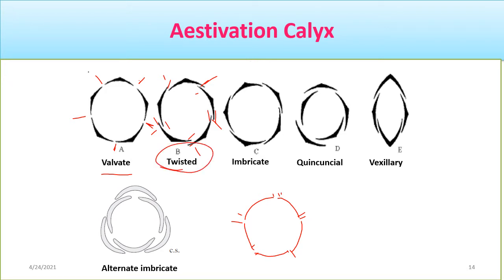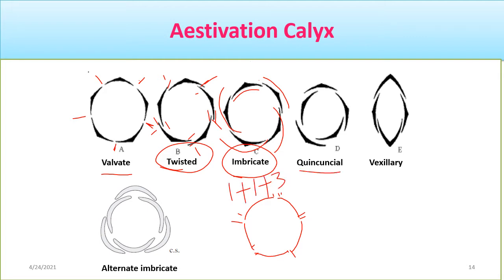In imbricate type of estivation, you can see this is completely out, then this is completely in, and this is alternating, this is alternating, and this is alternating. This is called imbricate. So one in, one out, and the remaining three are alternating.